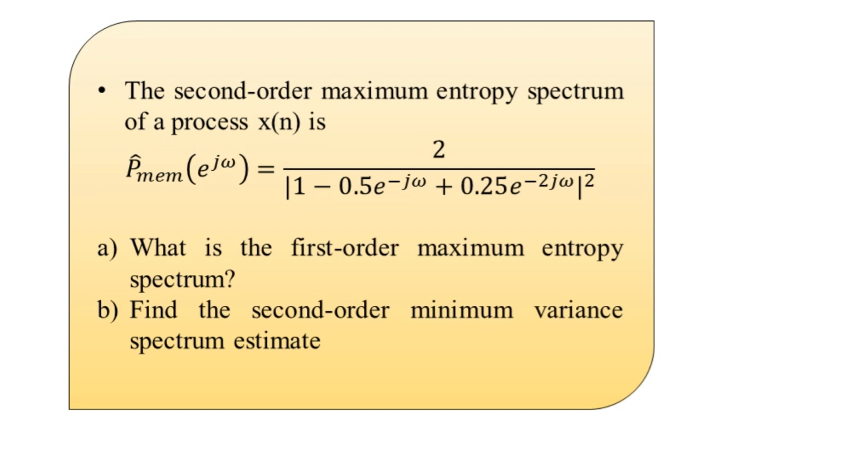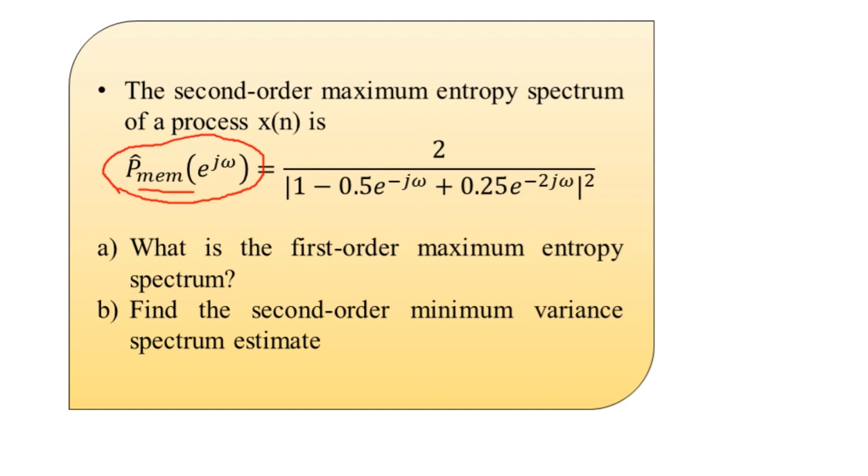As we can see in this problem statement, the only given detail provided to us is the power spectral estimation by the use of the maximum entropy method. Here the abbreviation MEM for maximum entropy method has been used.